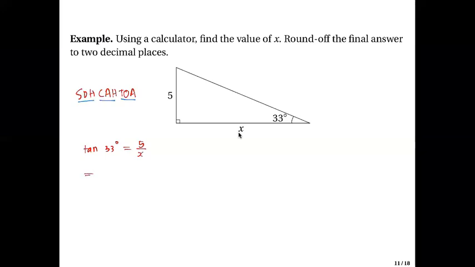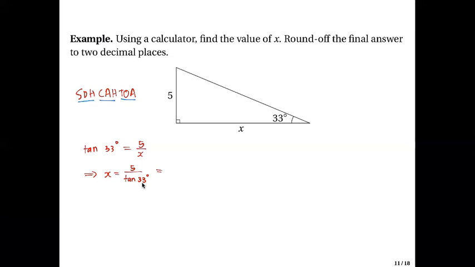Which means x is equal to 5 over tangent 33 degrees. Okay? So let us use our calculator to find tangent 33 degrees.